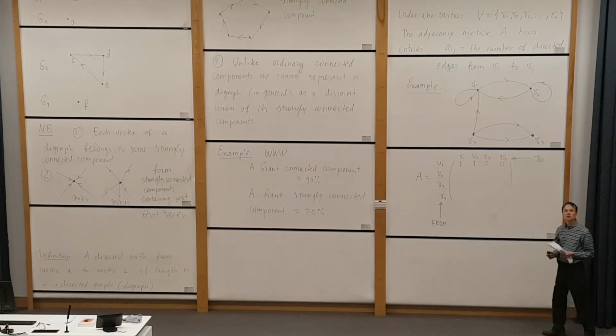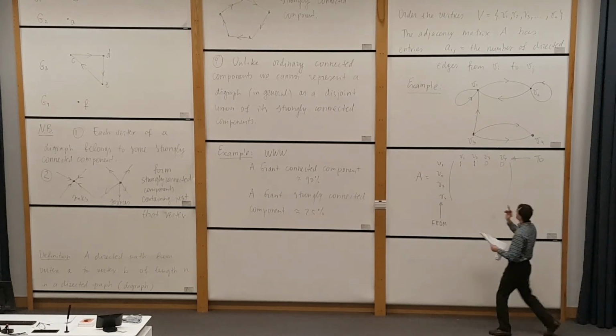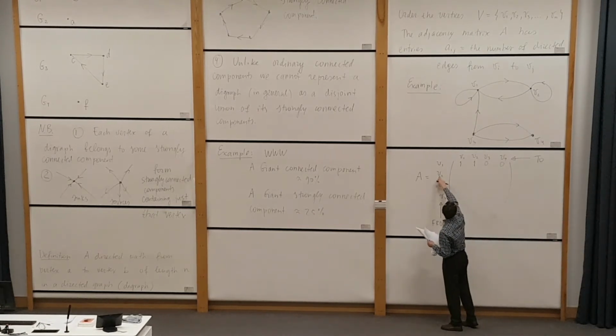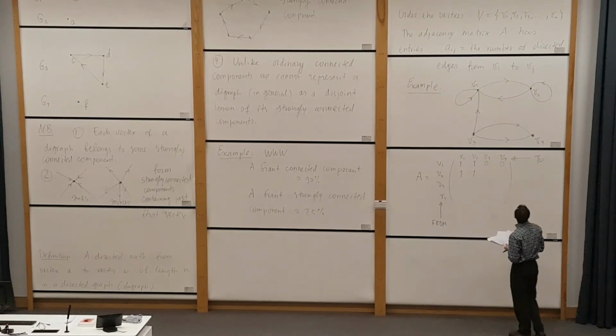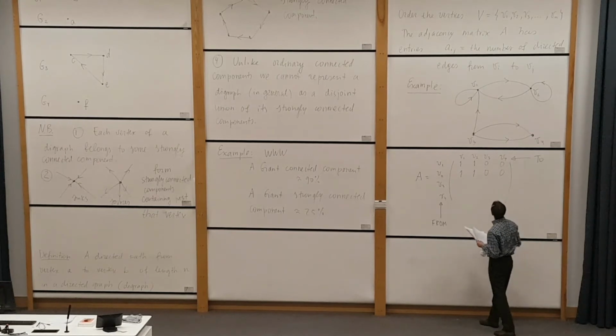So 1, 1, 0, 0. That's my first row. Starting from V2, there's no directed edge to V1, there's 1 loop from V2 to V2, and that's it: 0, 1, 0, 0.